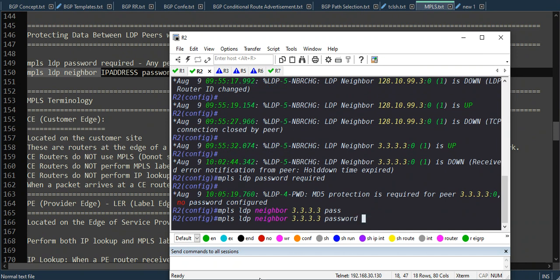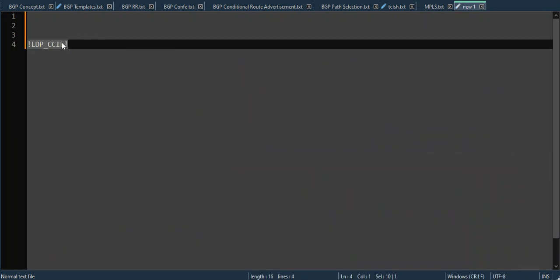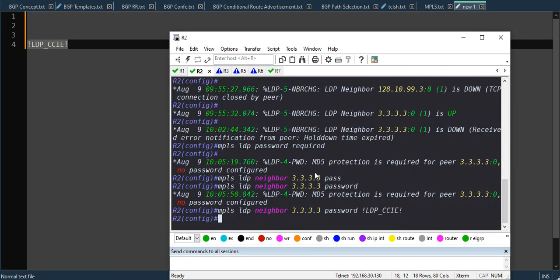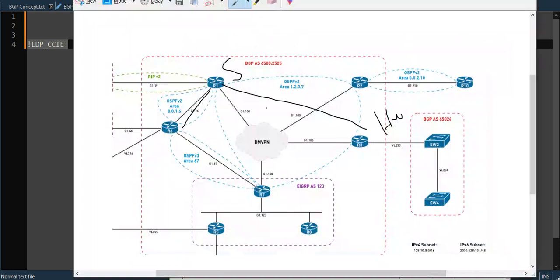Password is this one. R2 uses only one neighbor here.